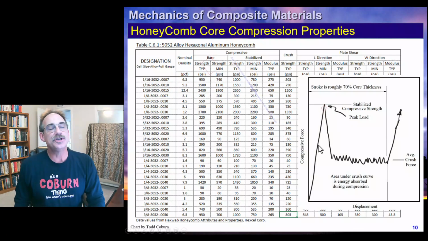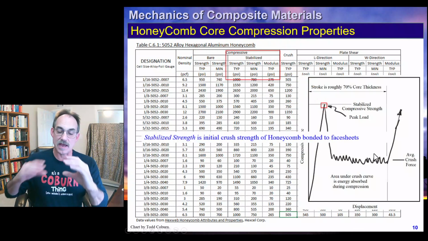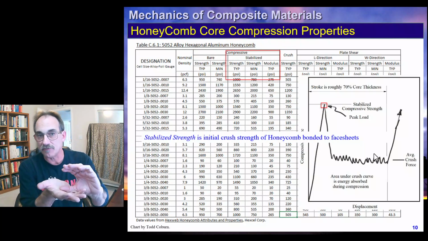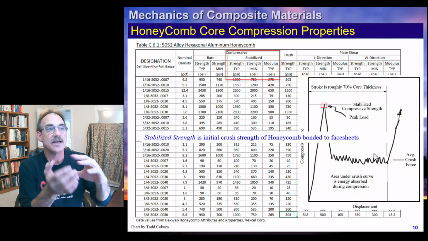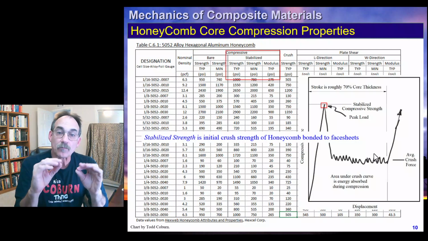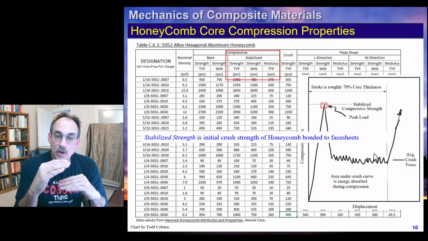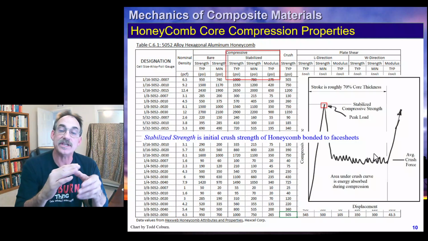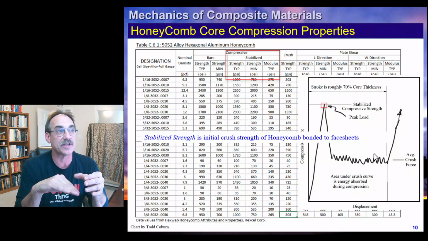Now, as soon as you attach the face sheets to it, they call it the stabilized strength. If you have that same core and now you bond your face sheets on using the appropriate methods and then compress it, you'll notice that the honeycomb can no longer just crush and deform by itself. It is now stabilized by the bonded face sheets.